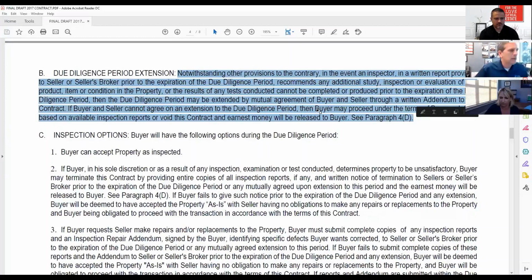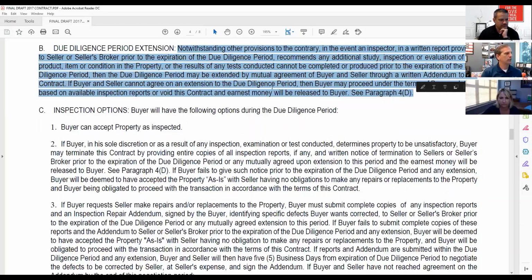For instance, let's say my home inspector finds something that a specialist needs to look at, maybe radon gas. I don't know how hard it is to find a radon gas expert, but they're suggesting the house be looked at for radon gas to see if there's an issue. Maybe the only radon gas expert in Columbia is booked up for 3 or 4 more weeks. The parties can agree to extend, finishing due diligence on everything except the radon gas.